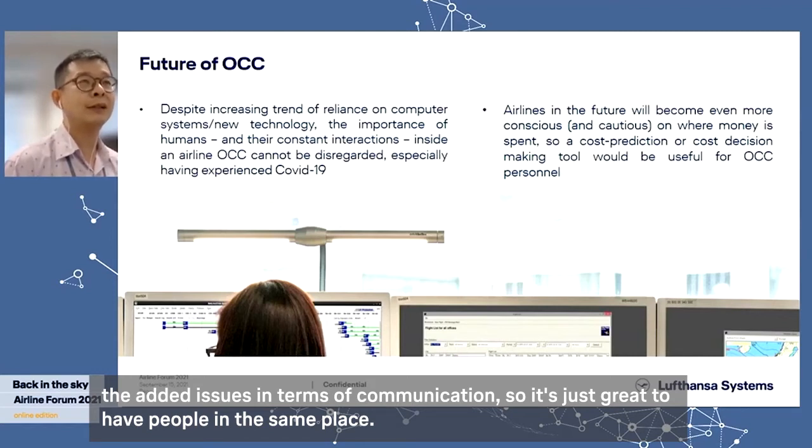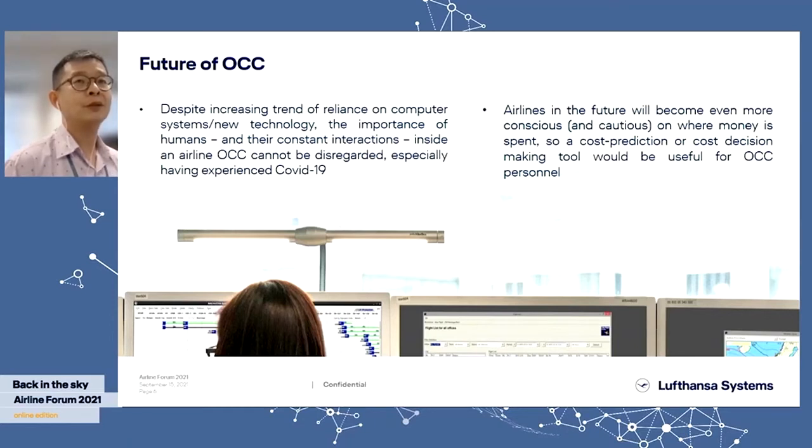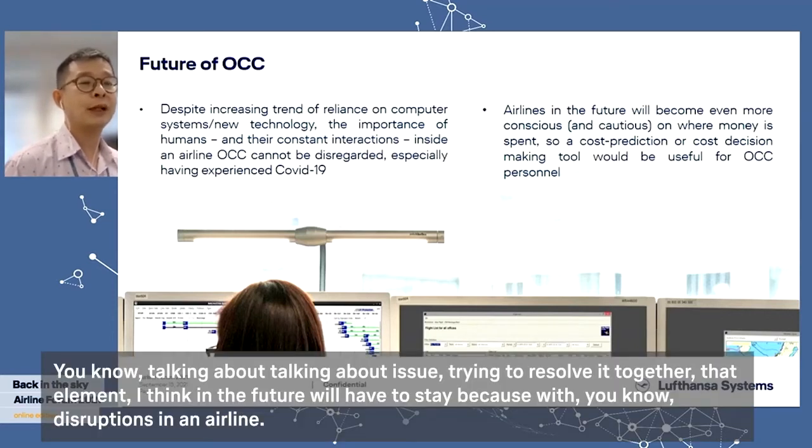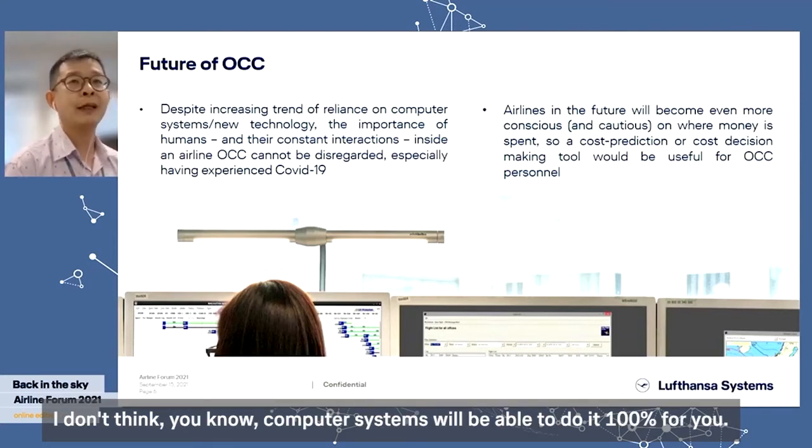So it's just great to have people in the same place, talking about the issue, trying to resolve it together. That element, I think, in the future will have to stay, because with disruptions in an airline, I don't think computer systems will be able to do it 100% for you.